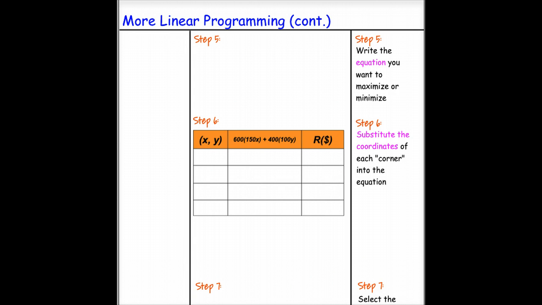I'm going to let R equal our revenue. That being said, R is going to equal $600 times the total number of packages sold, which, if you recall, total number of packages sold is going to be the number of flights times 150 people per flight.